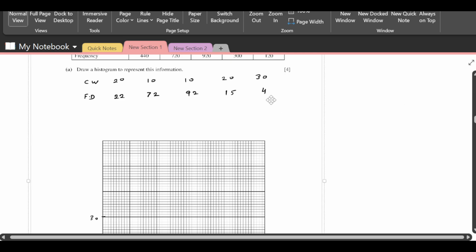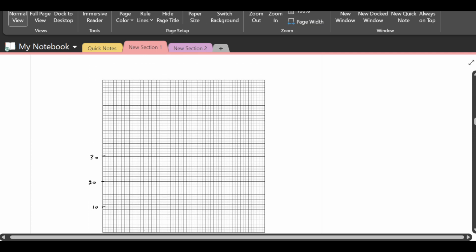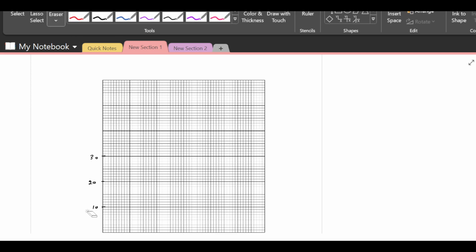So this information which is here, so 10, 20, 30, 40, 50, 60. Okay. So that means we should label it as, instead of 10, we can start with 20. We can say that this is 20, this is 40, this is 60, this is 80, and this is 100. Okay.